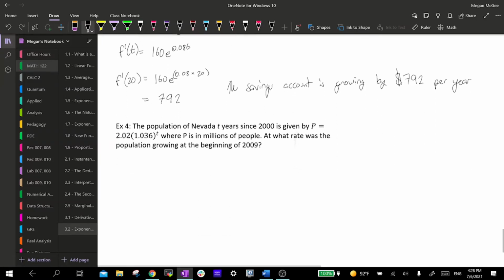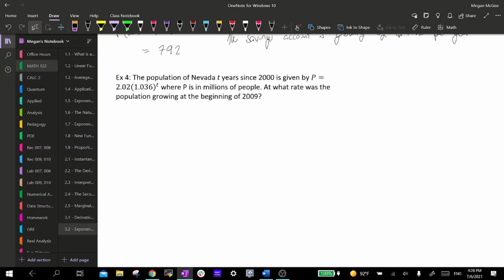So this is our last example for today, example 4, where we have the population of Nevada t years since 2000 is given by p is equal to 2.02 times 1.036 raised to the t, where p is in millions of people. The question is, at what rate was the population growing at the beginning of 2009?